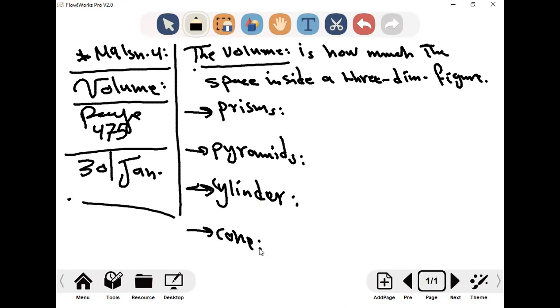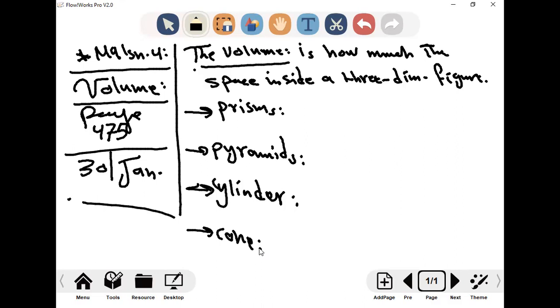Now let's remember, what are the prisms? We took prisms and pyramids a few lessons ago, right? The prisms are three-dimensional figures. Each one has 2 congruent bases, and all the sides are rectangles.